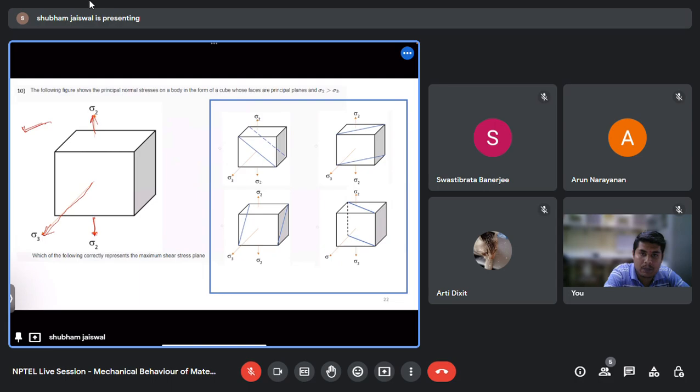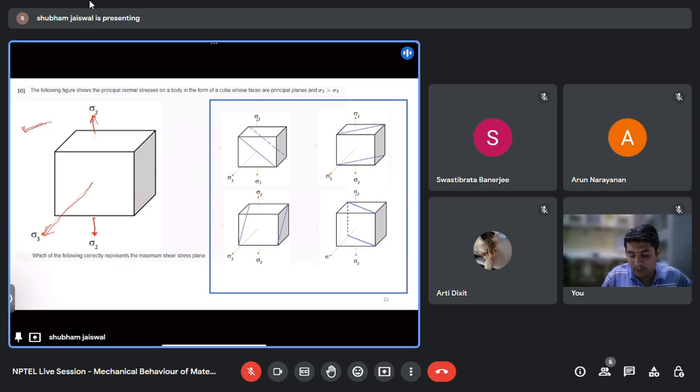Okay. So we have two options. Any third option? Any other option? Anyone?